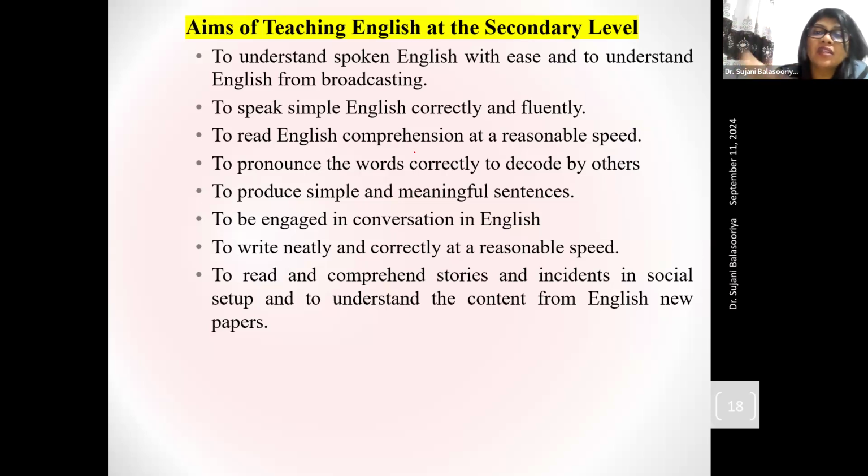Whatever. Then standard English, if the student can listen and understand the standard variety of the English language, that is very good. Okay. So that is why it has been given as an aim to understand English from broadcasting, right?